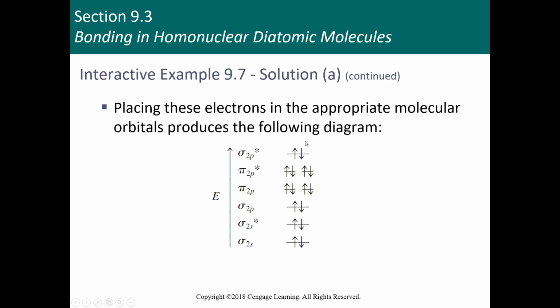This is full. Just looking at it, if you realize that's full, that means because you have an equal number of bonding and anti-bonding orbitals, you had to have a bond order of 0. You don't actually even have to count them up because there's an equal split. It's half-half, and so full means 0.